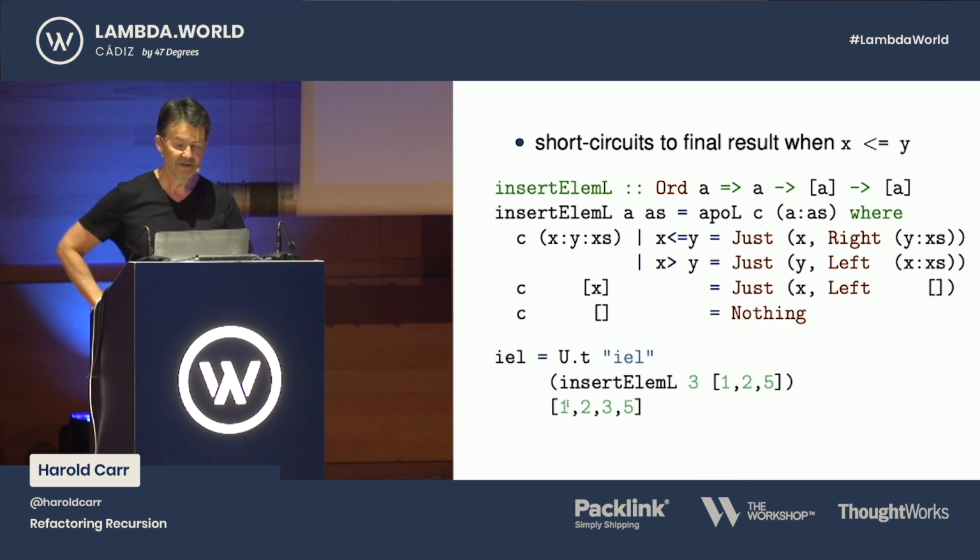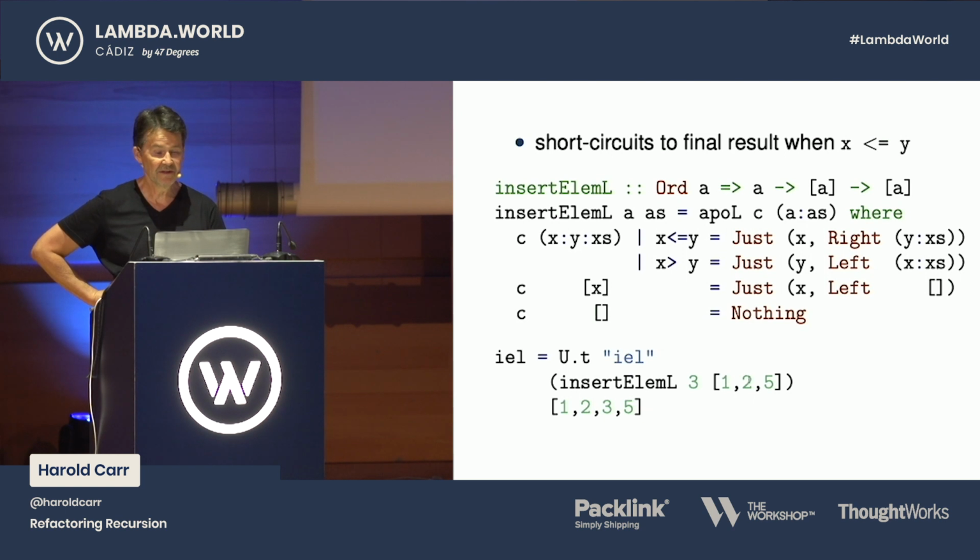And here's a way to see it in action, insert element. So given this 3, I want to insert this into 1, 2, 5. So if you look through here, it says that the apomorphism, the insert element, cons that A, this 3, onto the beginning of this list, which is the one you're searching, and then you call it, and if there's 3 elements in the list, it says if x is less than y, here's where the short circuiting happens.